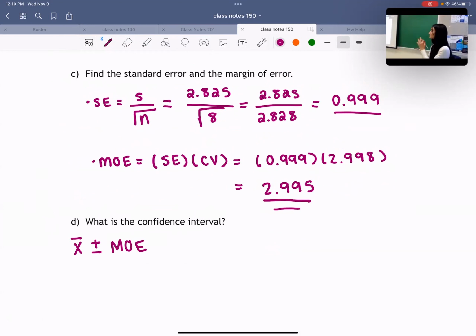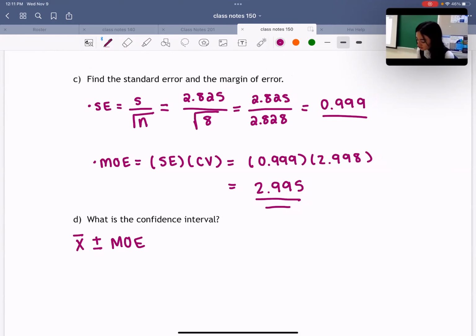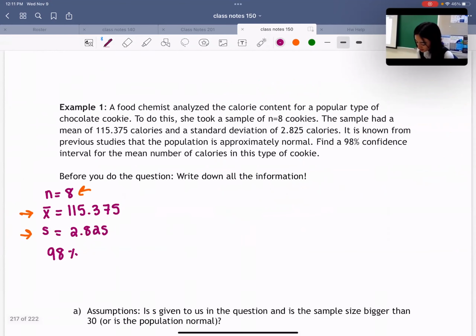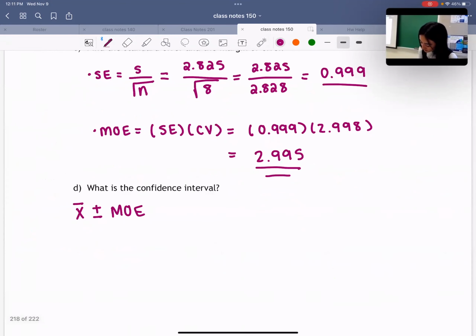We're going to take the sample mean, which is our point estimate, that's what we called it. We're going to add the margin of error and then subtract the margin of error. Taking a look at my notes here, X bar was 115.375. I'm going to add the 2.995. I'm also going to subtract the 2.995.